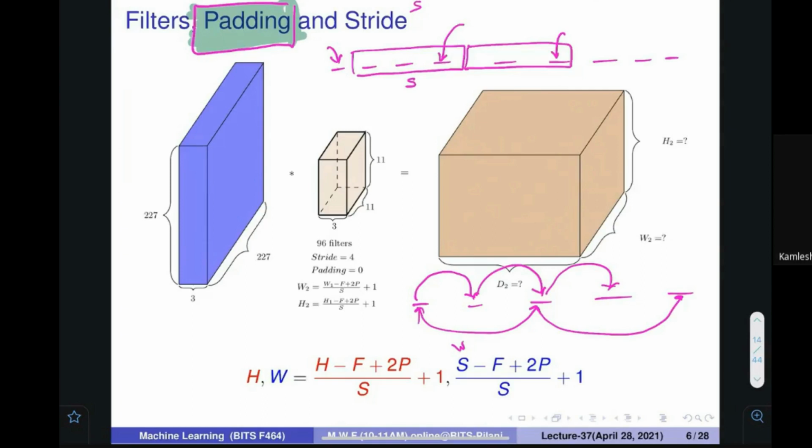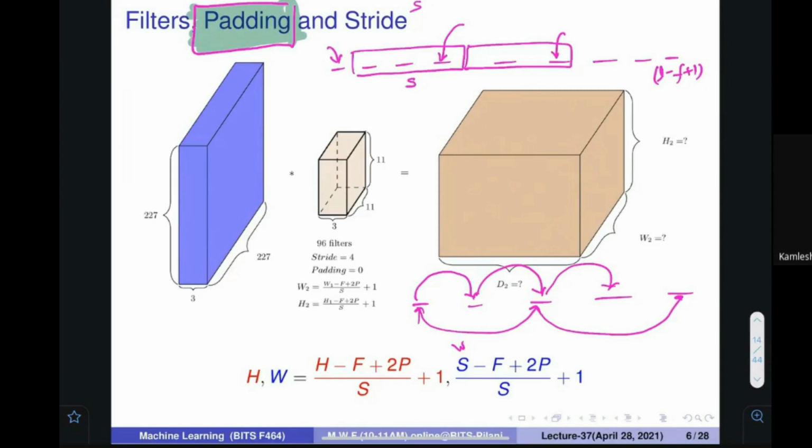If the length of this particular sequence is L, and you apply a filter, then you are going to get L minus f plus 1 values. But if you apply the strides, then how many values are you going to get?